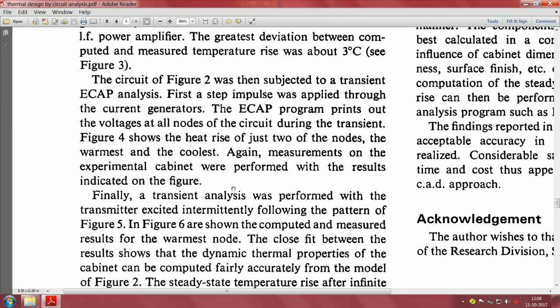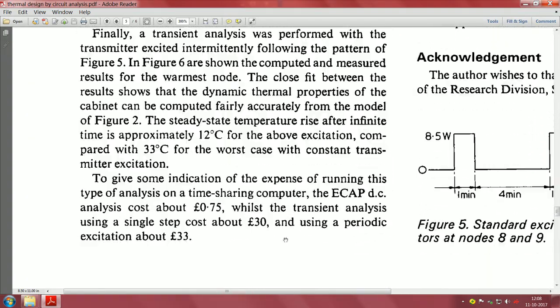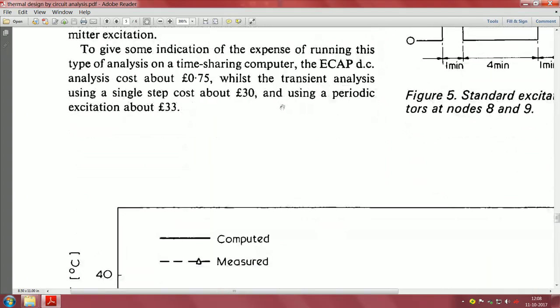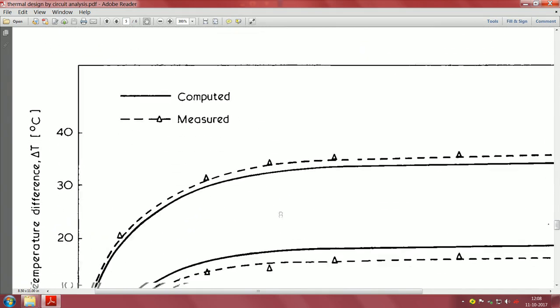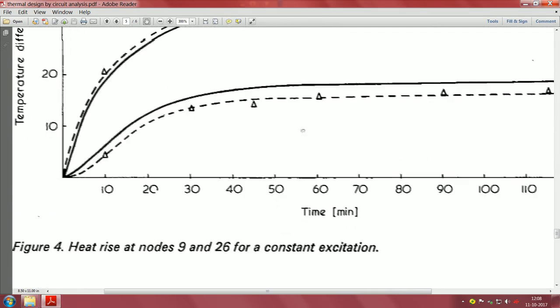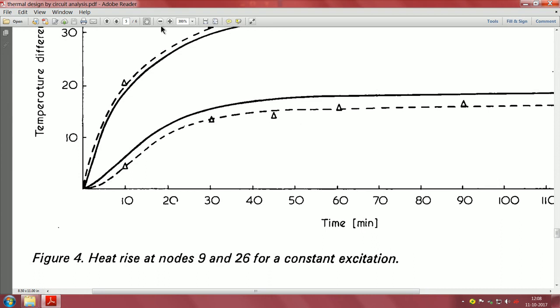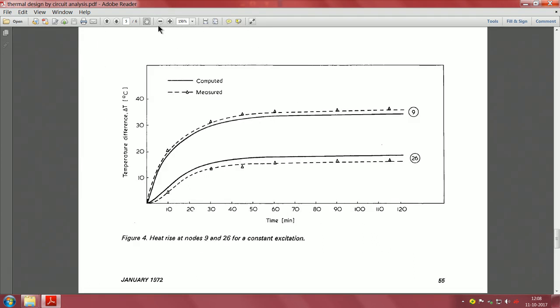Again, measurements on the experimental cabinet were performed with the result indicated in the figure. So, nodes 9 and 26 for a constant excitation.